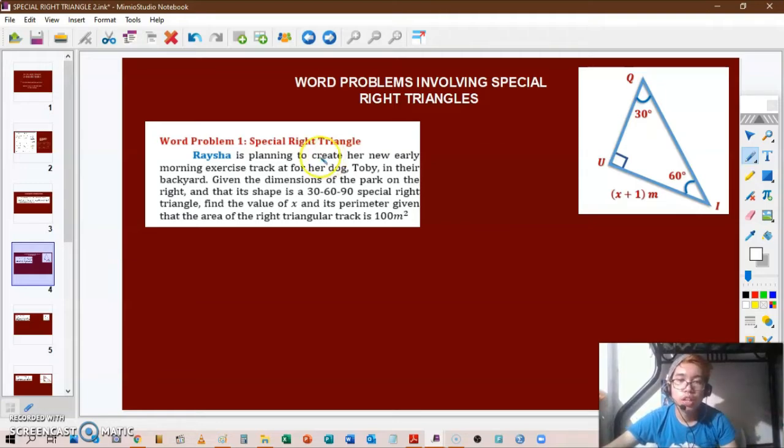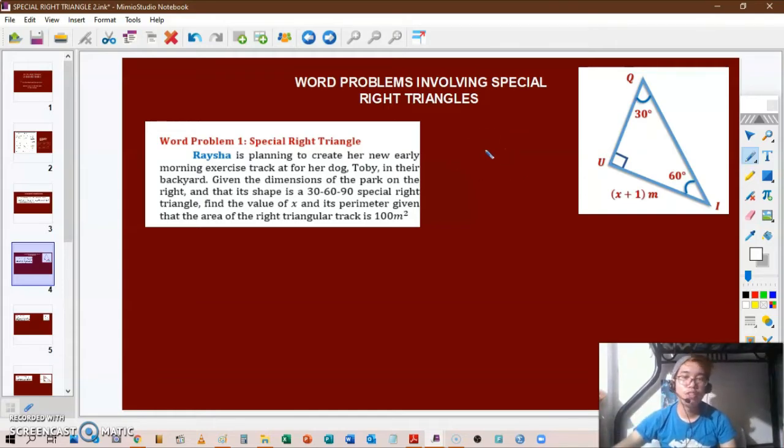Raisha is planning to create a new early morning exercise track for her dog, Toby, in their backyard. Given the dimensions of the exercise track, on the right it is in the shape of a 30, 60, 90 triangle.